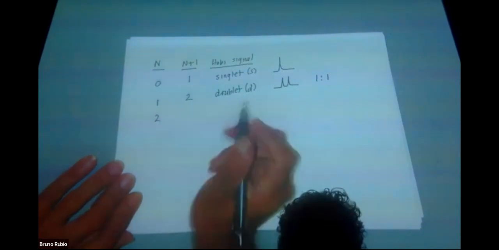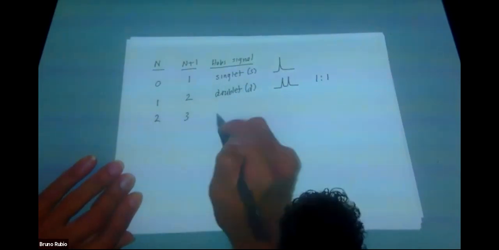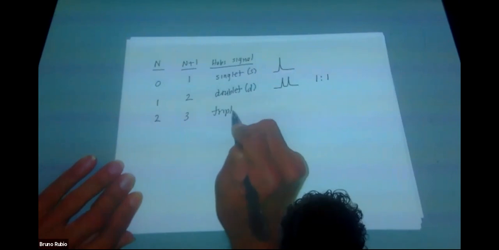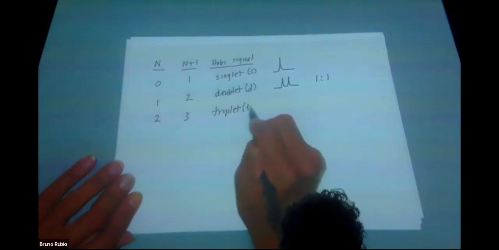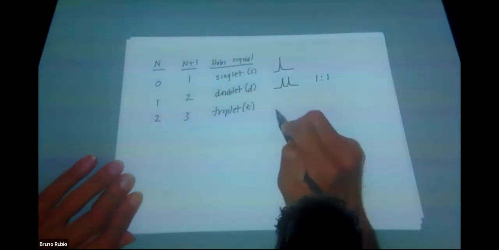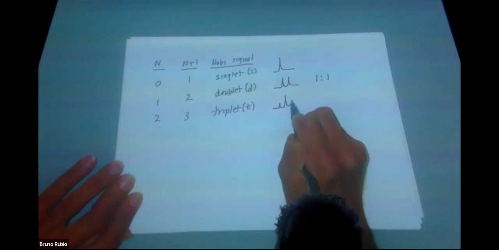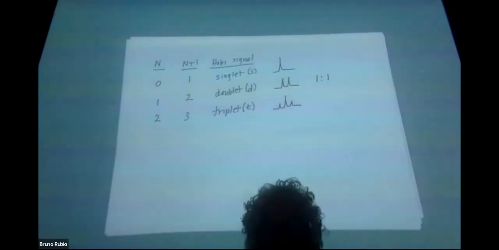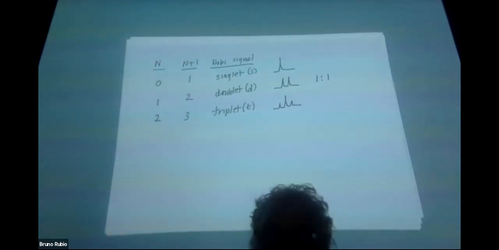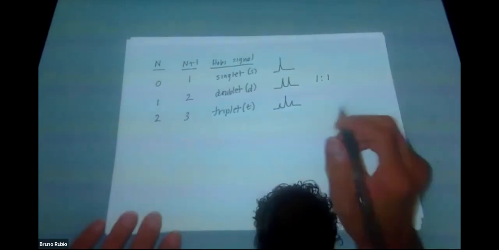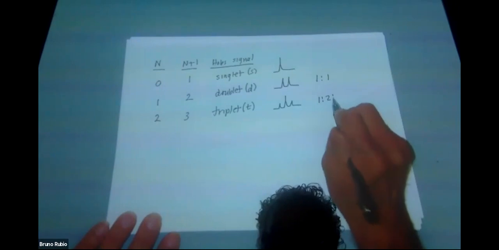When N equals 2, N plus 1 is equal to 3. That's called a triplet, standard abbreviation T. And a triplet is a 1-to-2-to-1 pattern of lines like that. So a triplet is 3 components, but it's not 3 components of the same size.